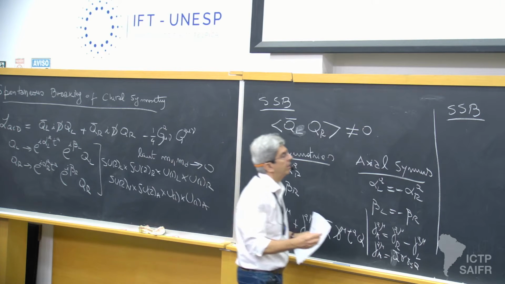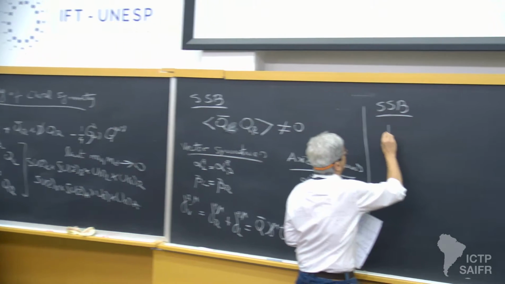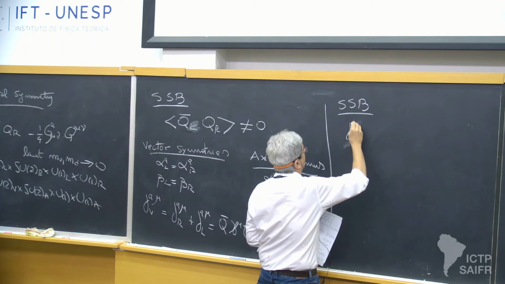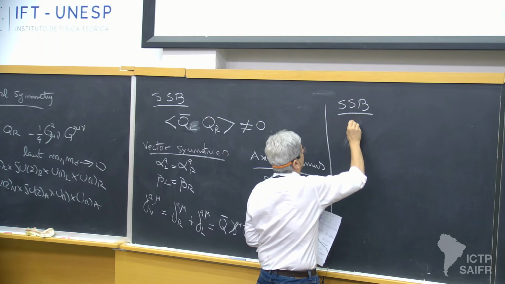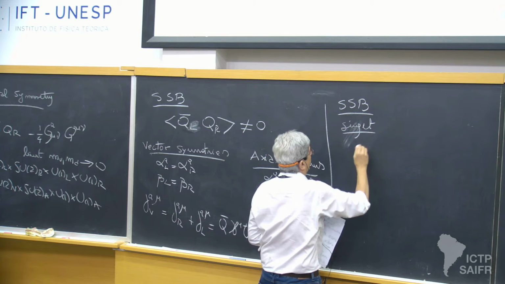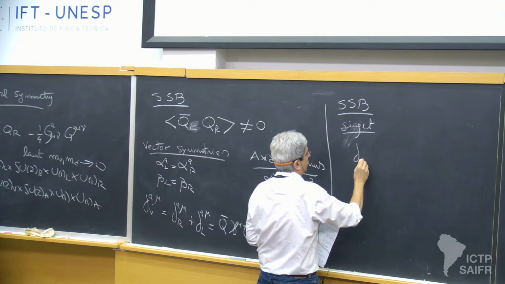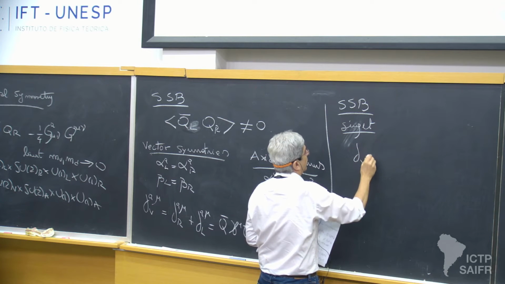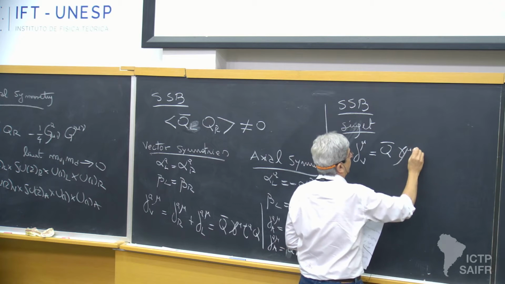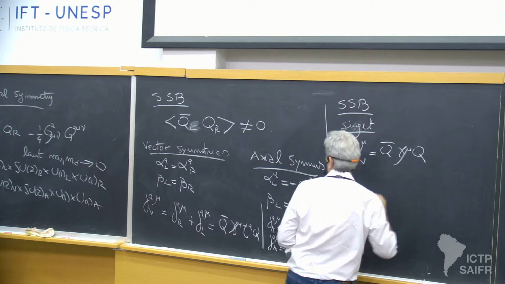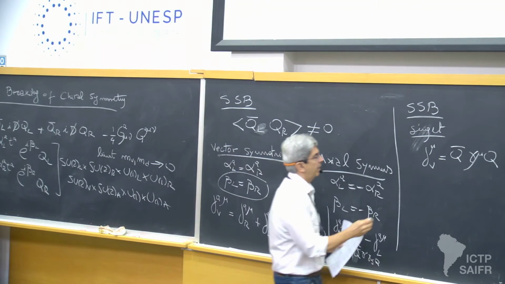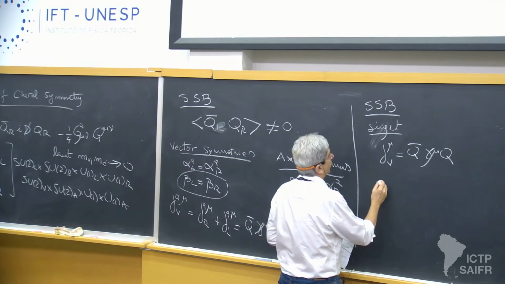Okay? So now the currents are the vector currents. Similarly, you'll have, of course, the singlet current. The vector singlet current is the one that is invariant under this transformation, and it will be conserved under that transformation.